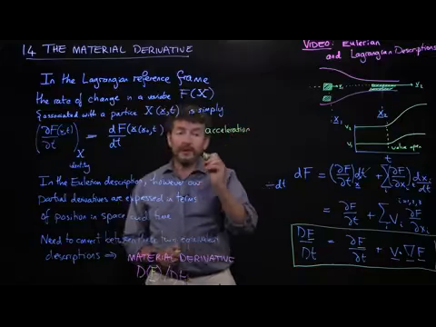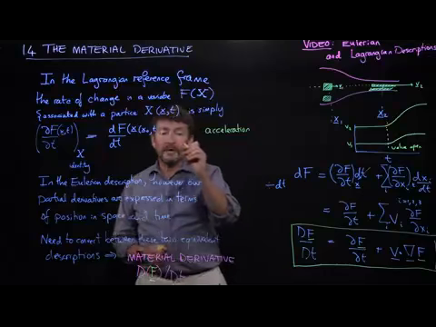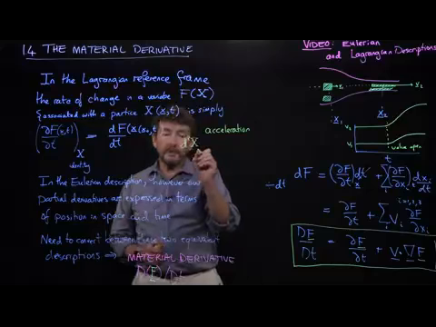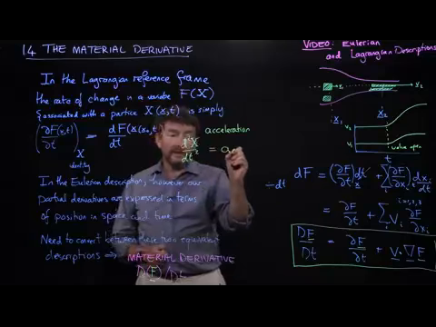So the acceleration is something that, if we were to think about it as a second derivative of position in a Lagrangian sense, would be the second derivative of the position of our particle with respect to time. That would be the acceleration.